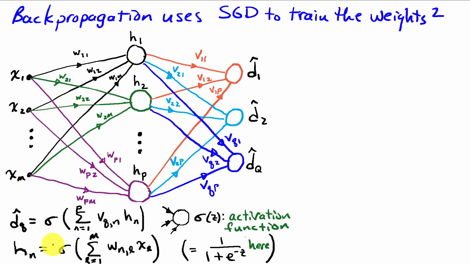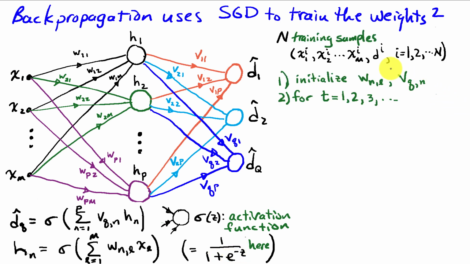We can in general write the outputs d hat q as the activation function applied to the weighted sum of the previous layer outputs, the h's, and similarly the h's are the activation function applied to the weighted sum of the inputs. Now in the derivation we're going to do today, we're going to use an activation function of 1 over 1 plus e to the minus z.